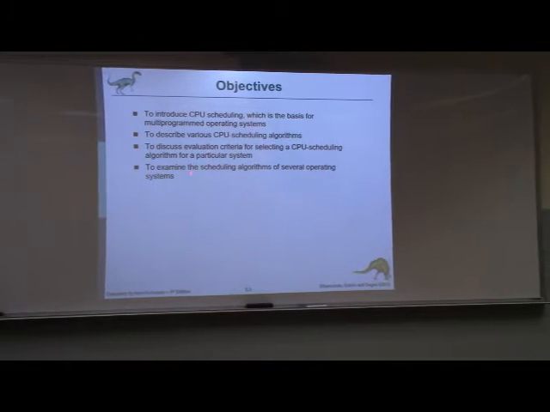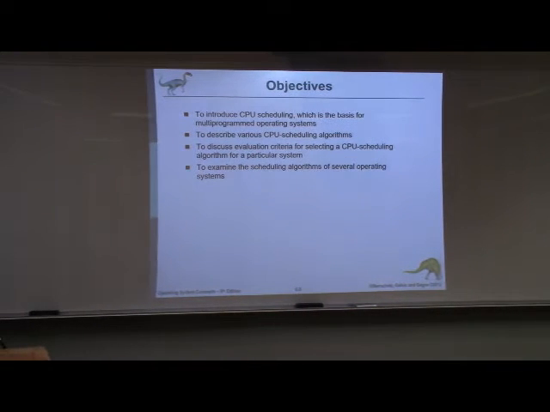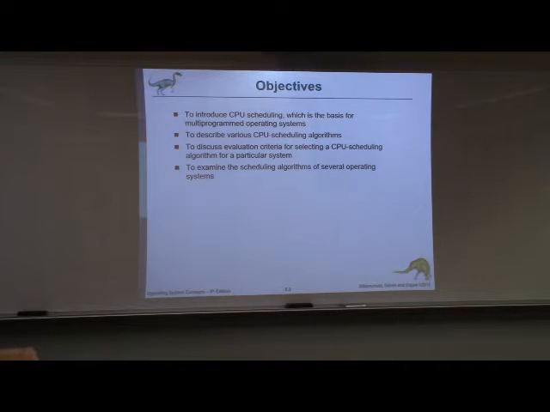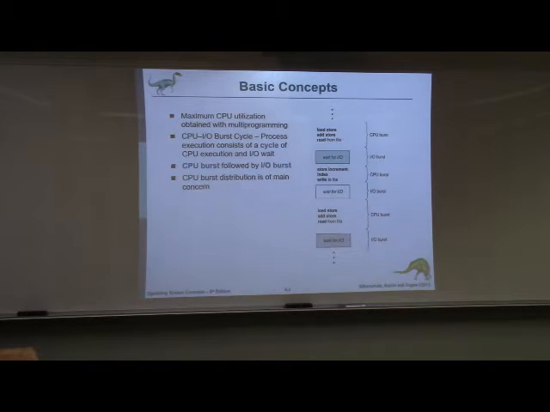Then eventually we will evaluate which one is good, which one is not, and what the pros and cons are for each algorithm. Then we will examine the CPU scheduling algorithm for several operating systems, probably including the Linux system, based on the POSIX library, and Windows, and so on. Okay, so this is the basic idea.